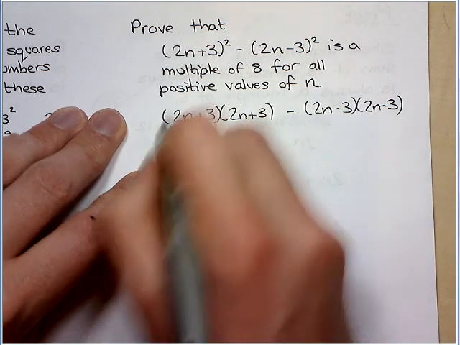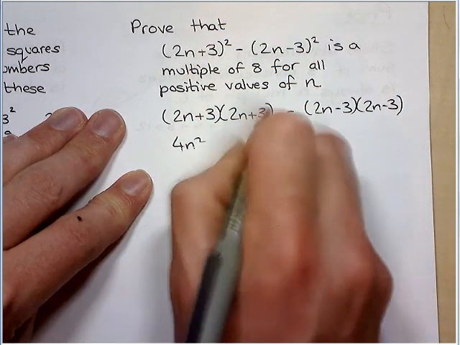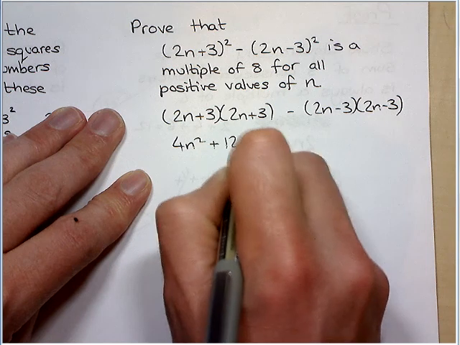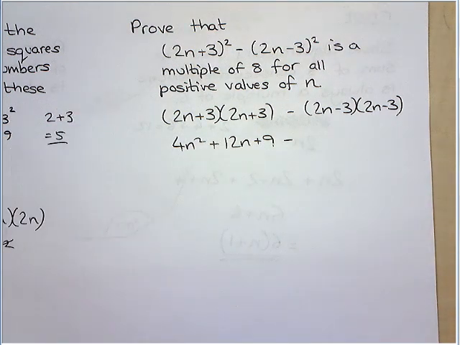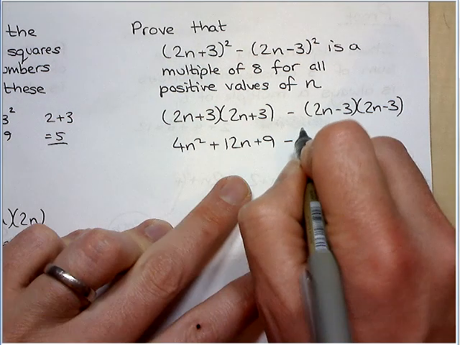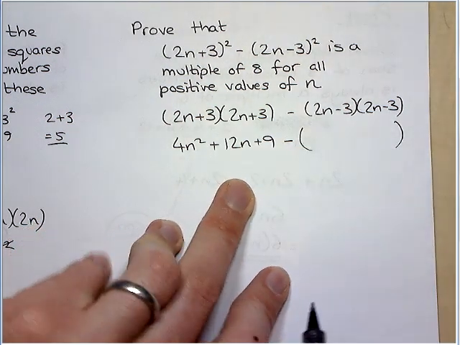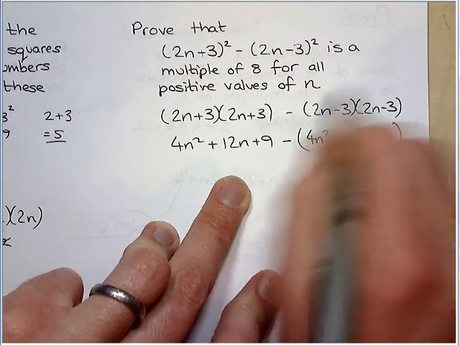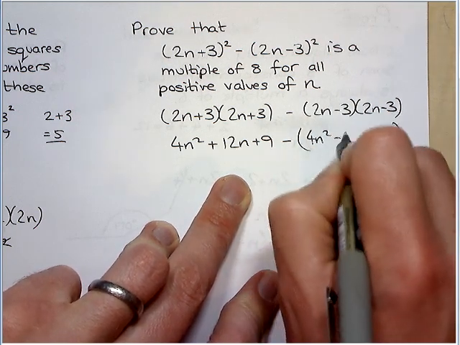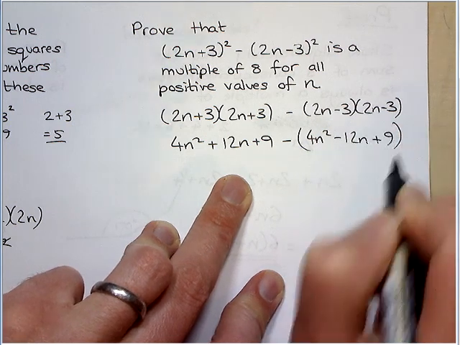So let's go ahead and do this. That's 4n squared, 6n, another 6n is 12n, plus 9. Now this is where it starts to get tricky, and I'll show you why I'm putting brackets around this in a second. So 4n squared minus 6n minus another 6n is minus 12n plus a 9.